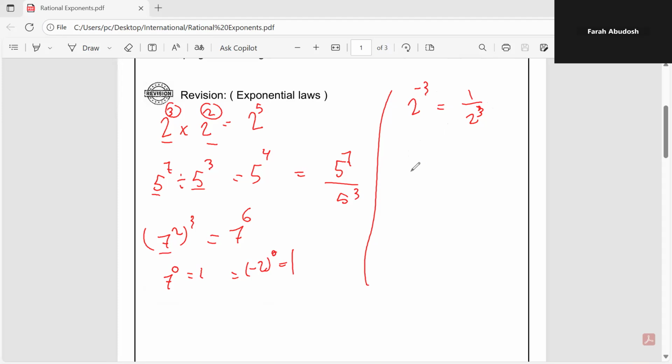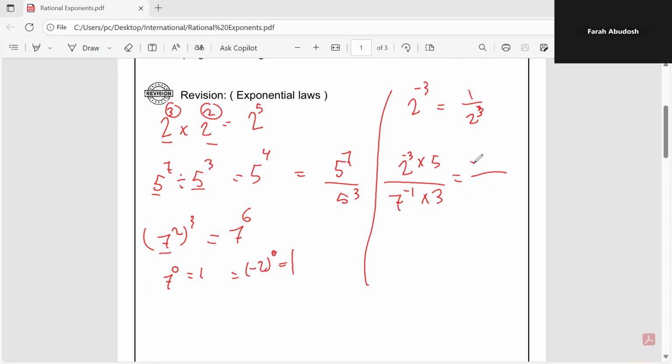For example, if we have 2 to the power 3 times negative 3 times 5 over 7 to the power negative 1 times 3. Here we have negative powers.